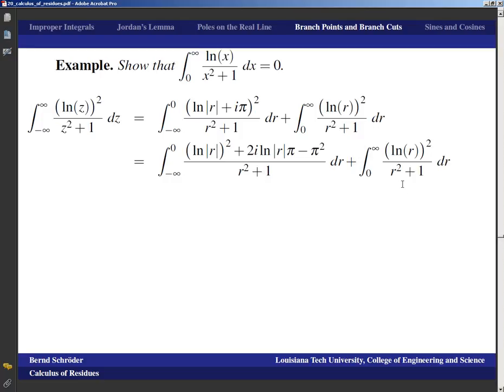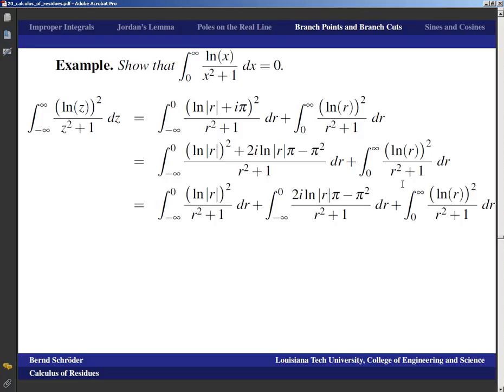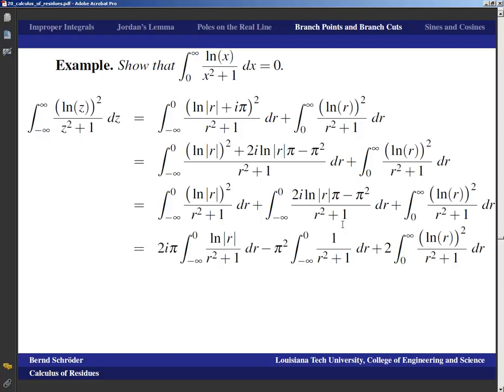The second term stays the same, and now if we pull that apart, we see we can pull out an integral from negative infinity to 0 of ln |r| squared over r squared plus 1, which is equal, because this thing now is even, to the integral from 0 to infinity, and we also have left the integral from negative infinity to 0 of 2i ln r π minus π squared over r squared plus 1.